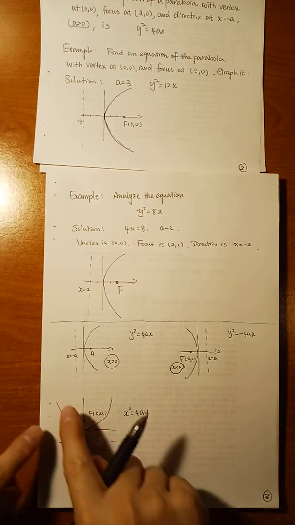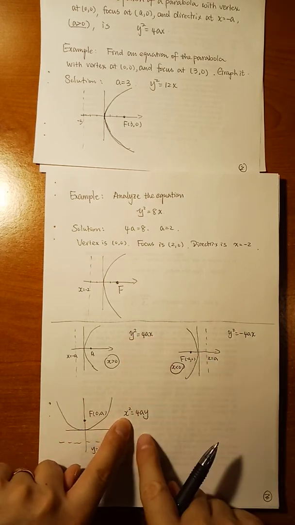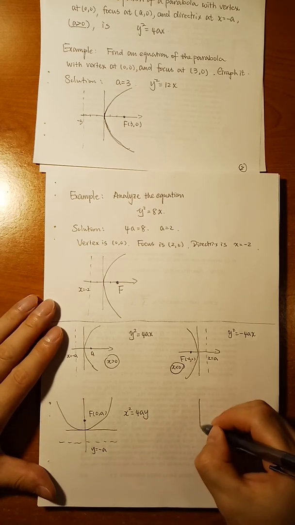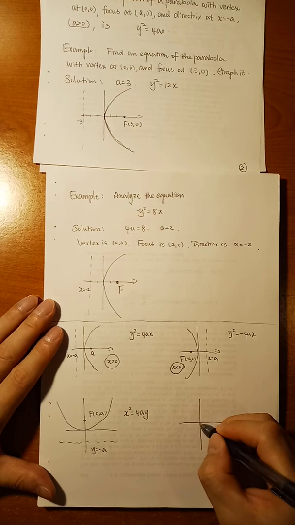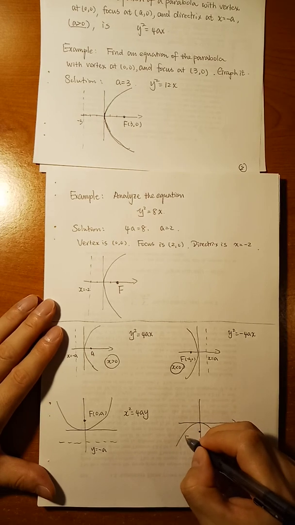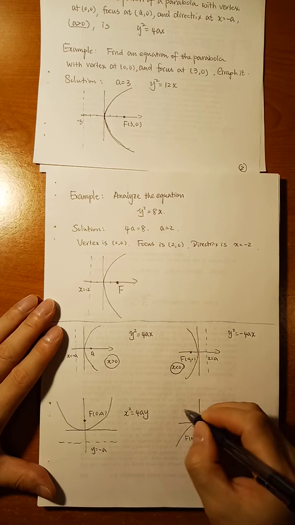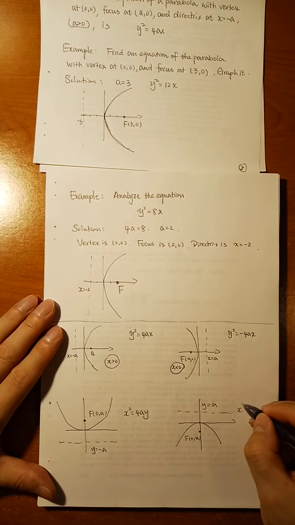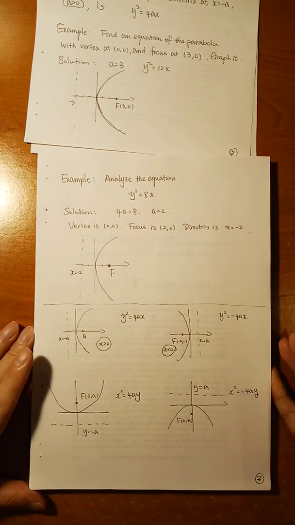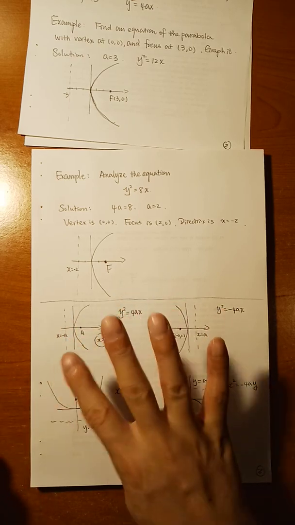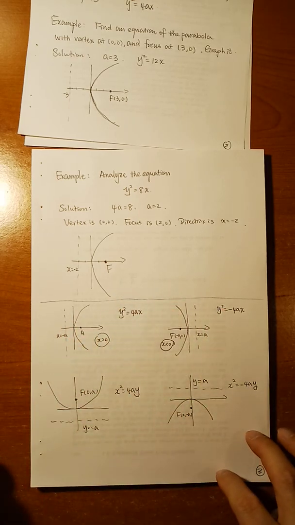You just switch x and y, you get 4ay. Open up, and symmetrically, you can also do it this way. F is (0, negative a). Directrix is y equal to a. Then this case is x squared equal to negative 4ay. So we have 4 standard positions with the standard equations.